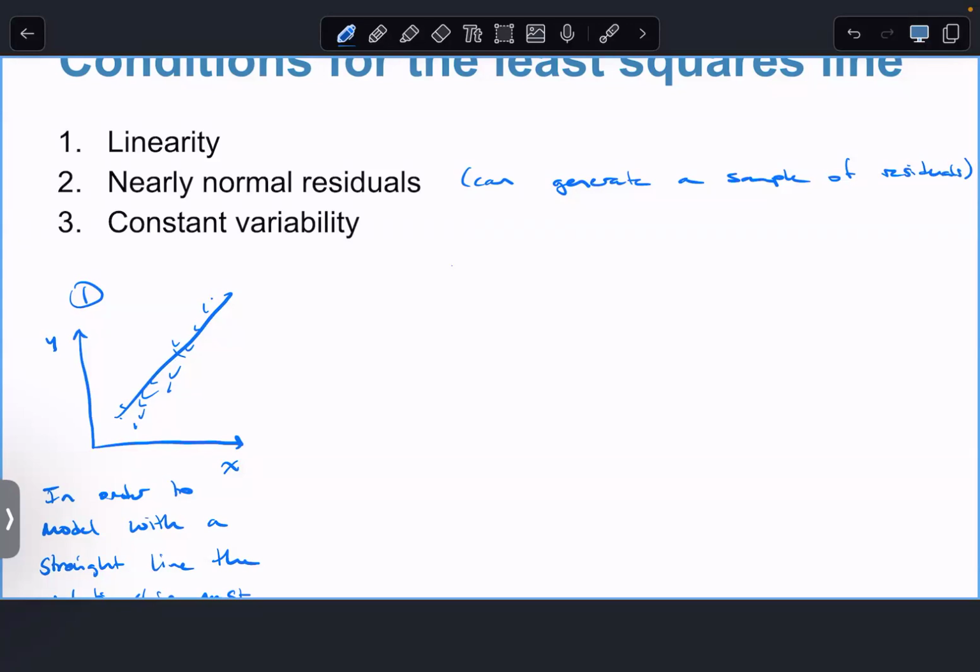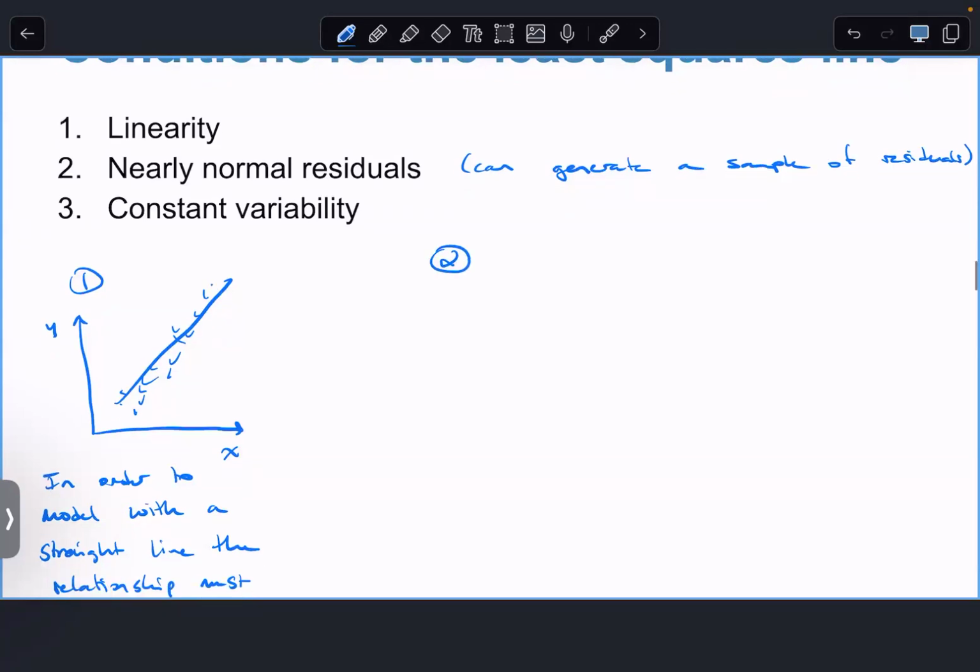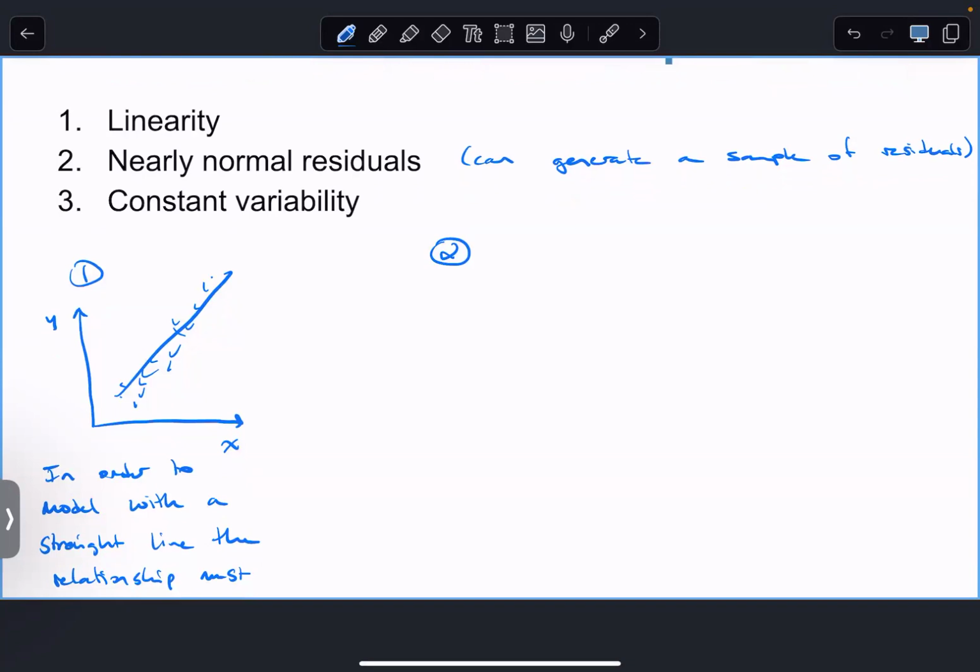And so what we can do is make a histogram of the residuals and make sure they're approximately normal. In fact, they should also be centered on 0. Right? What's a residual of 0? Means that the point is on the line. Most of them should be around the line, close to 0, and then a little bit of spread.